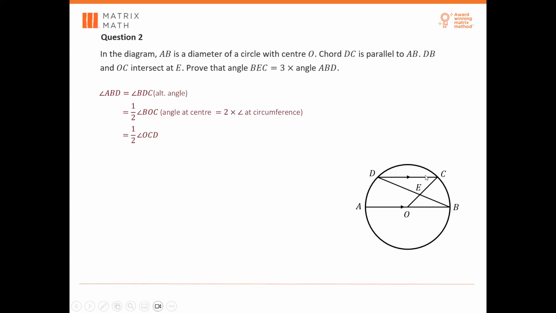By rule of alternate angles, this equals to this. Therefore, half of this will equals to half of this. Okay, so from here, we can now draw a comparison where ABD equals to half of OCD. In other words, 2ABD equals to OCD.